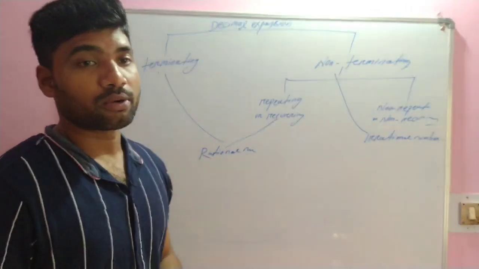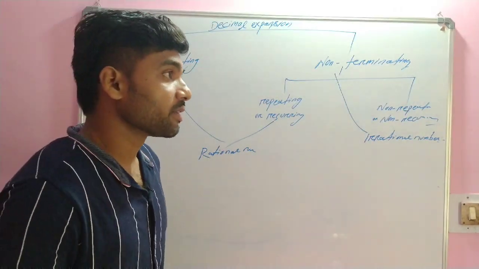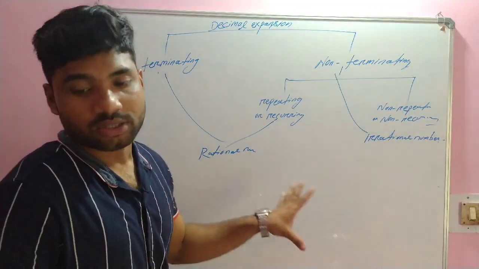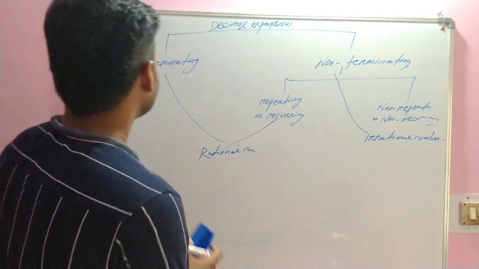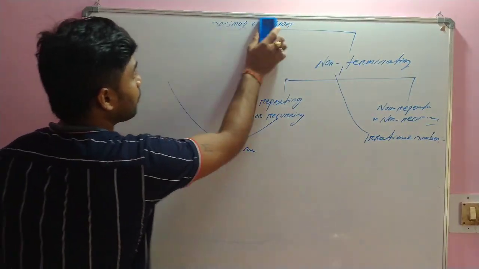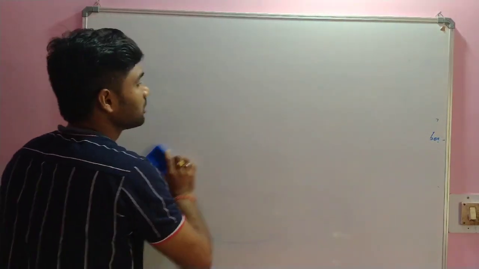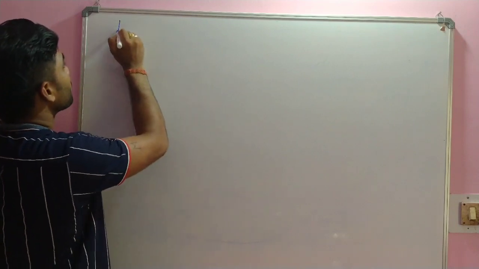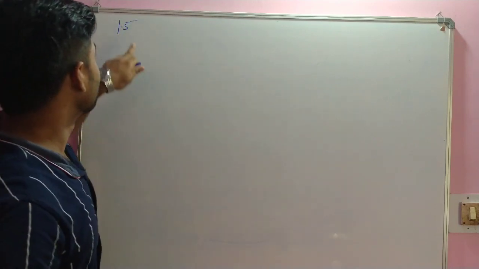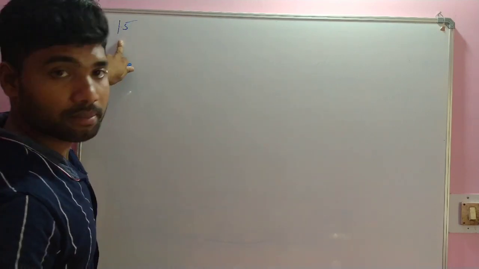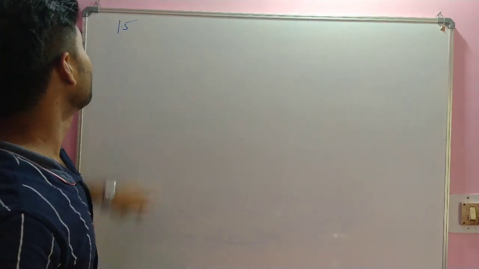In the previous class we discussed how to represent rational numbers on the number line. Now we will see how to represent decimal expansions on the number line. Suppose 1.5. It is a terminating decimal number.